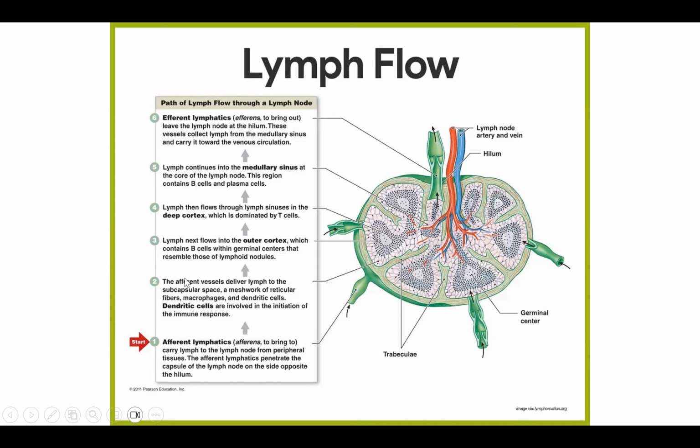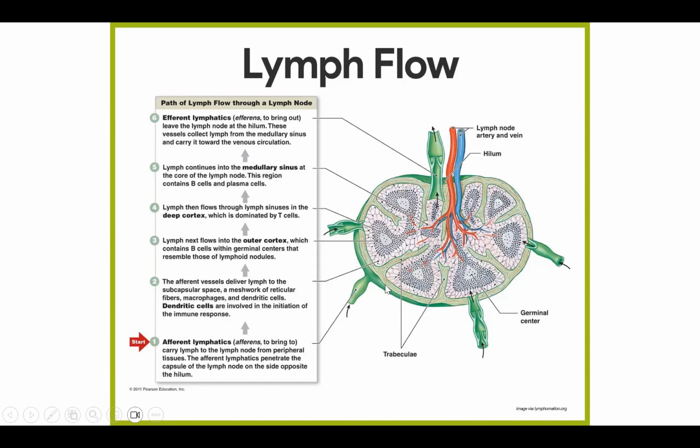Next is the afferent. The afferent vessels deliver lymph to the subcapsular space, a meshwork of reticular fibers, macrophages, and dendritic cells. Dendritic cells are involved in the initiation of the immune system. We've talked about these APCs.